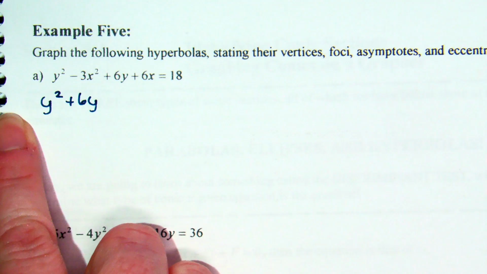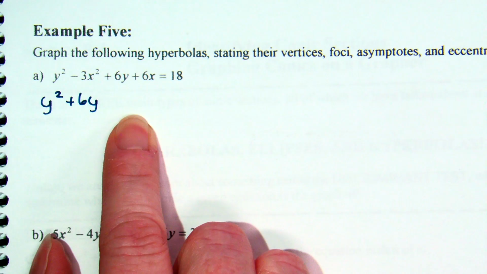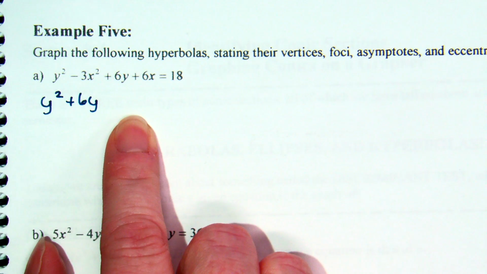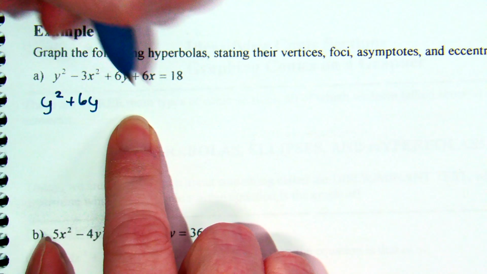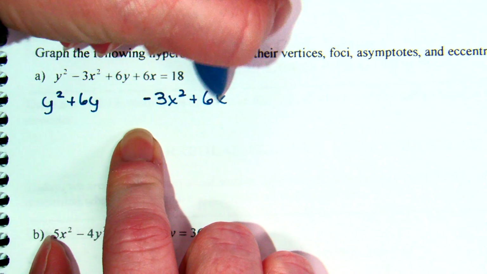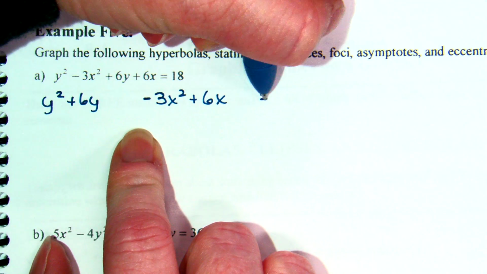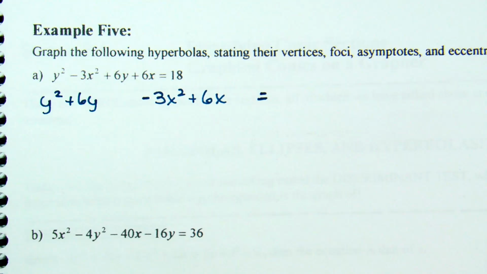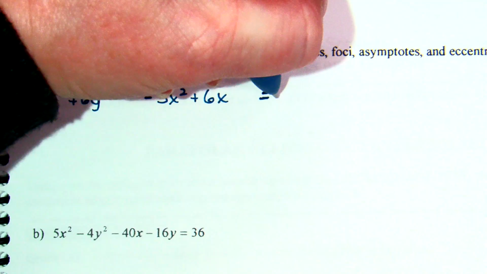I'm going to leave a gap. Although, in all honesty, we're going to have to do another step yet. Then I'm going to pair my x's because my x squared is negative. So I'm going to say minus 3x squared plus 6x. I'm going to leave a gap. Do I have any numbers to move to the right? I don't. And 18 is already on the right.